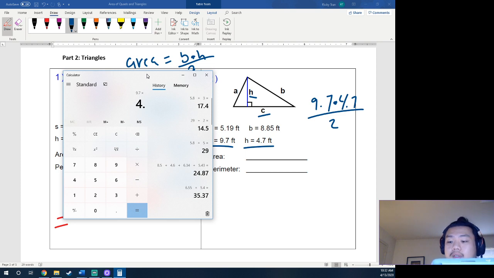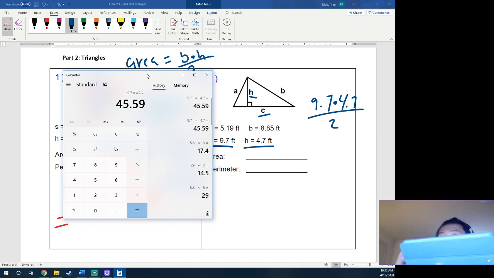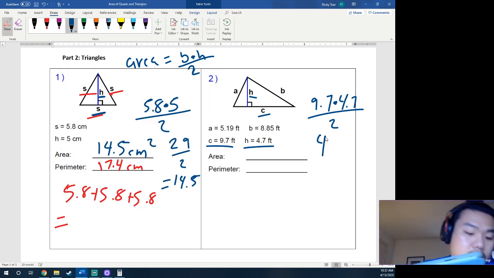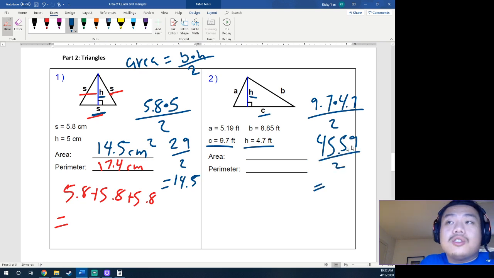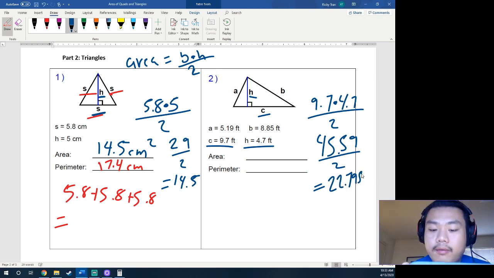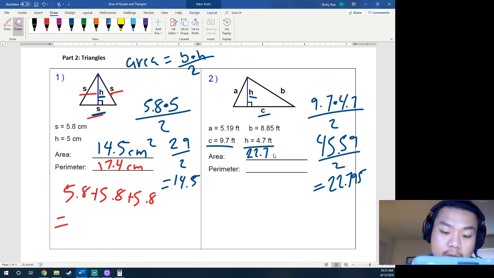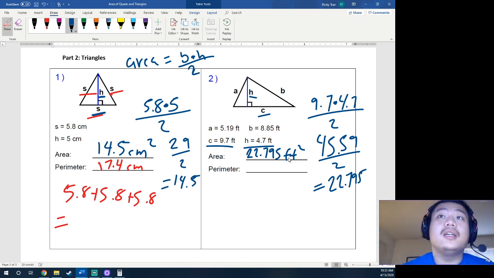Oops, I did something wrong. 9.7 times 4.7, which is 45.59, divided by 2, which is 22.795. 22.795 feet squared.